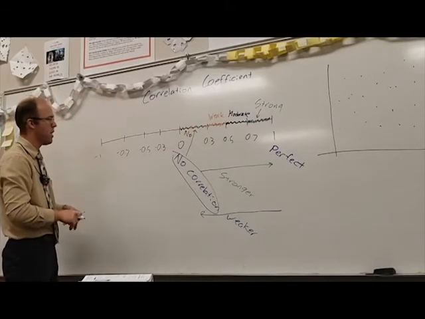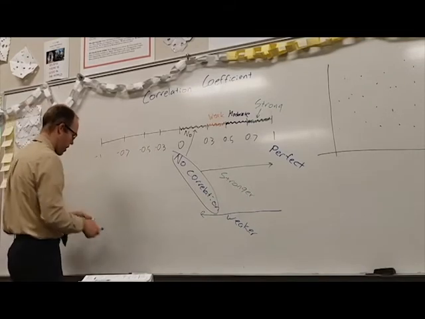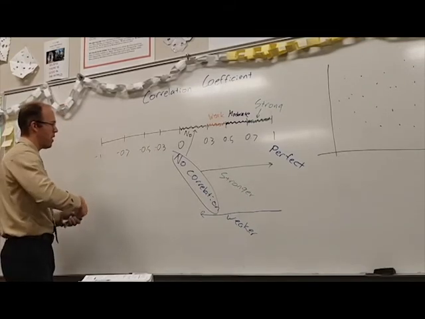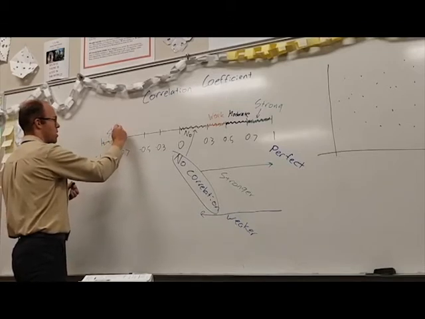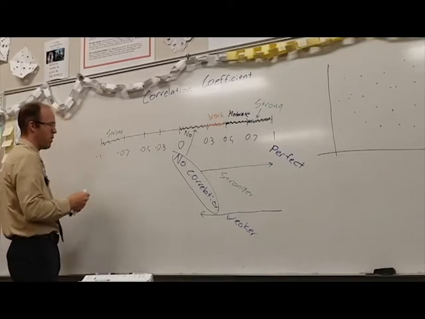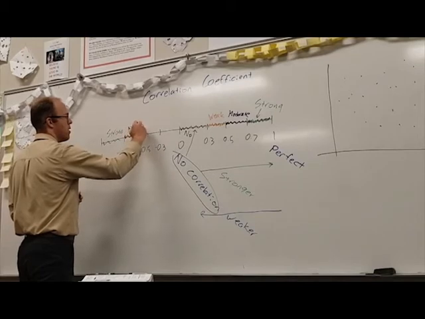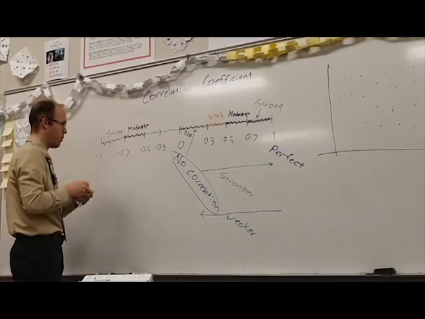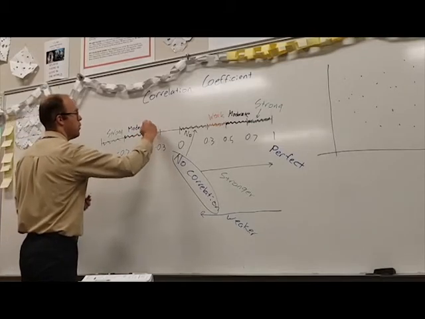Now, on the negative side, we have the exact same categories. So we're going to add those to this. From -1 to -0.7 is again strong. From -0.5 to -0.7 here is going to be moderate. From -0.3 to -0.5 is again going to be weak.